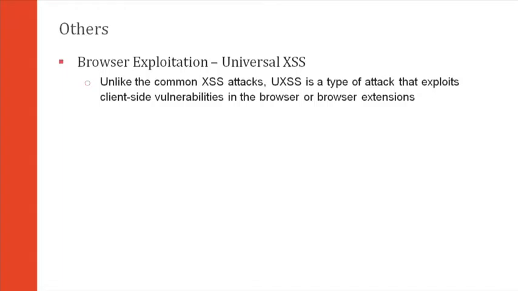With cross-site scripting, as you remember, we are just executing JavaScript code, right? But in this kind of attack, the attackers are exploiting vulnerabilities in the browser or in the plugins installed on that specific browser. Once they exploit this vulnerability, obviously there is a connection with cross-site. That's the reason it's called universal cross-site: for that vulnerability in the browser, they will use cross-site scripting attacks to trigger those specific vulnerabilities.